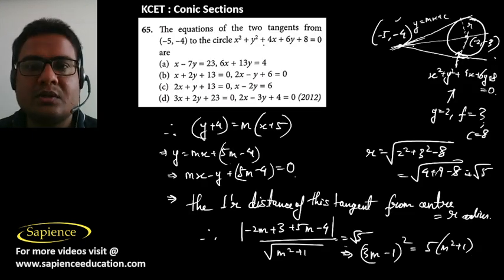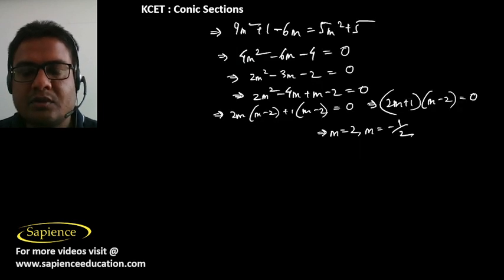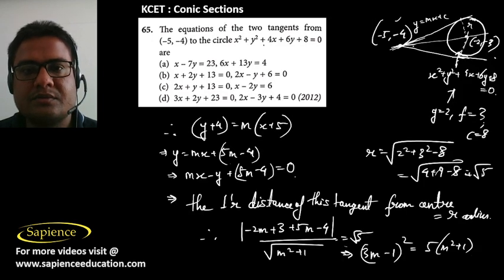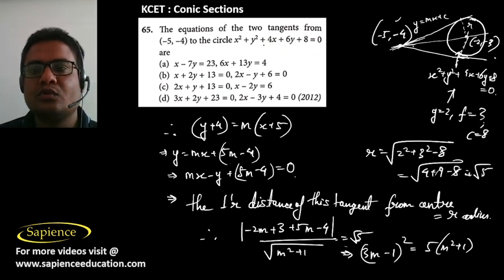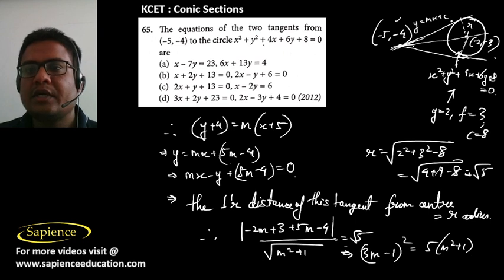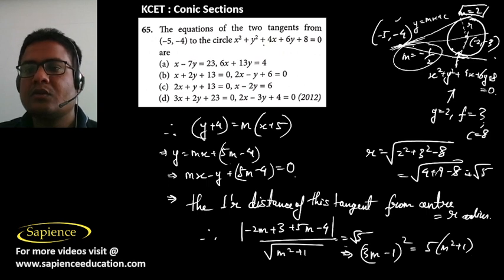So the slopes of the two tangents are m equal to 2 and m equal to minus half. Now both the tangents will pass through the point (-5, -4).